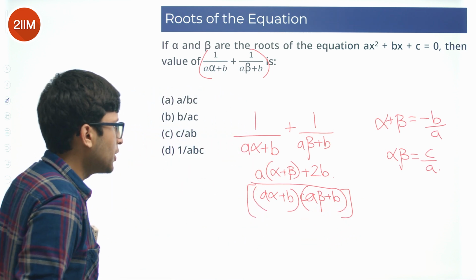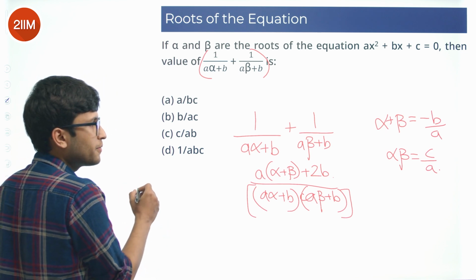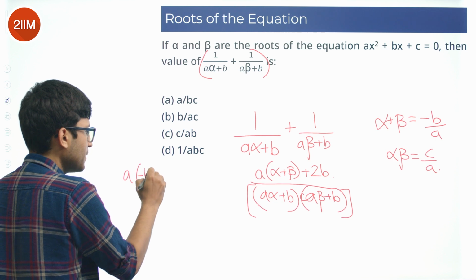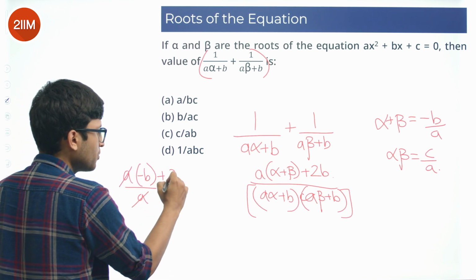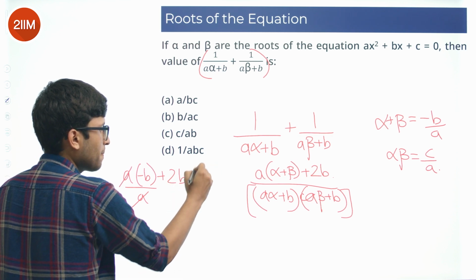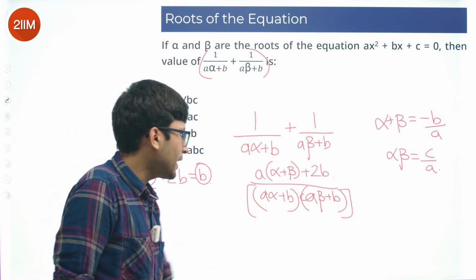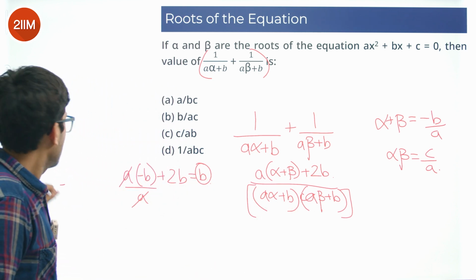Let's just focus on the numerator first. a into alpha plus beta is minus b by a, so a gets cancelled out. I would be getting minus b plus 2b, which is equal to b. So my numerator is b. Let us now try finding out the denominator.